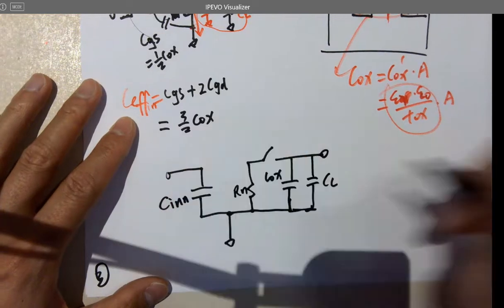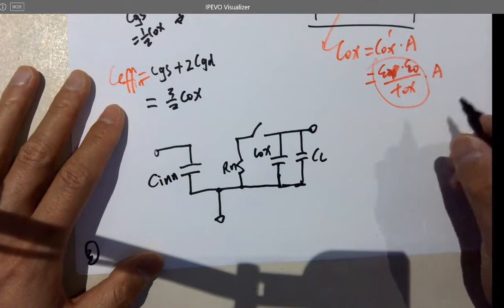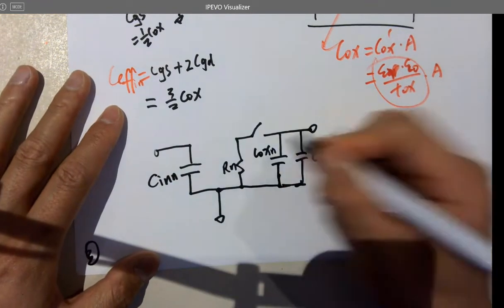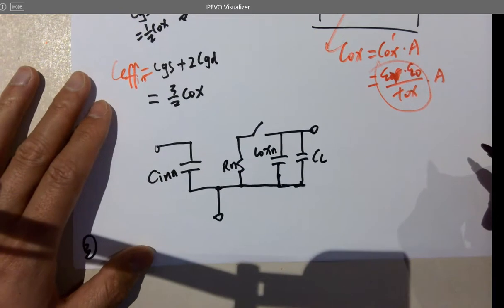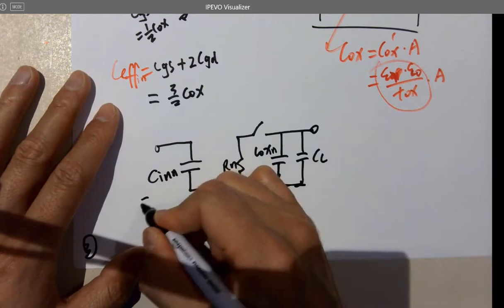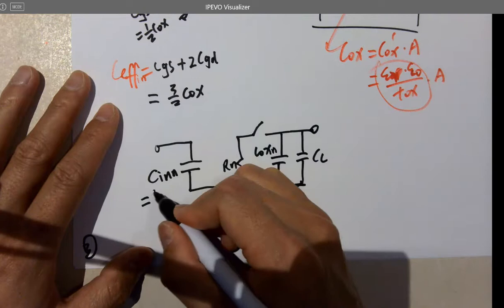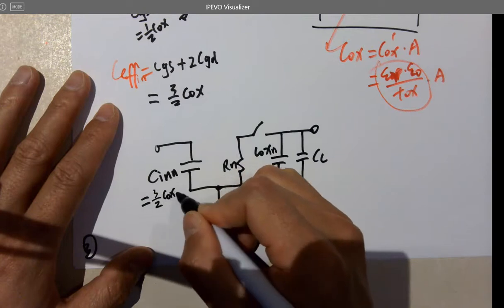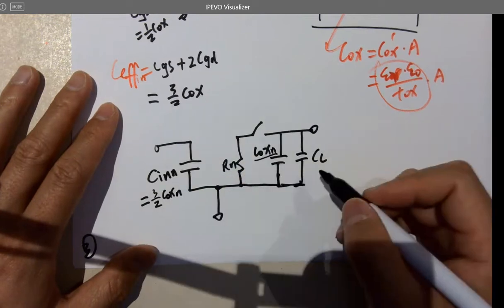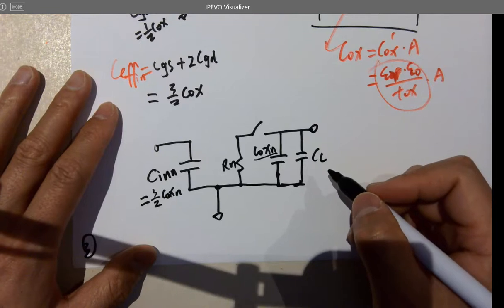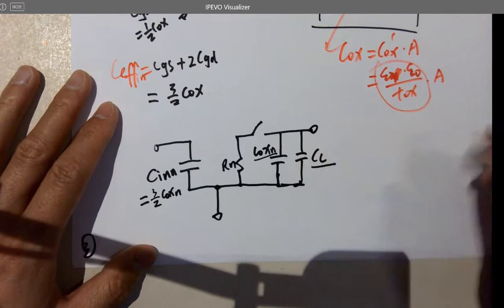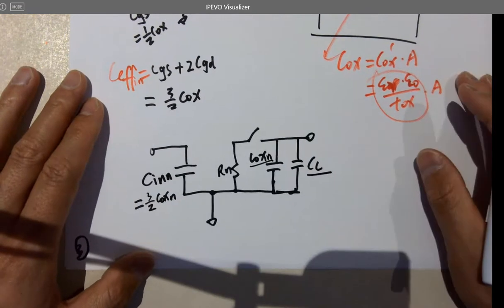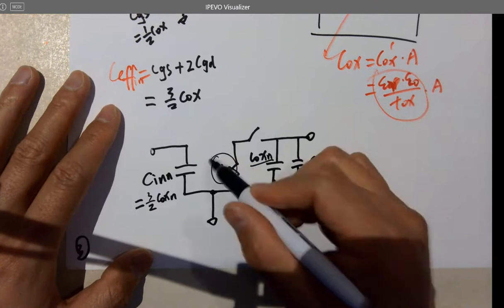C in N, so C in of the NMOS, that's Cox N. So what is C in N? Just Cox N. And CL depends on the circuit, what is given over there. And Rn is usually given.